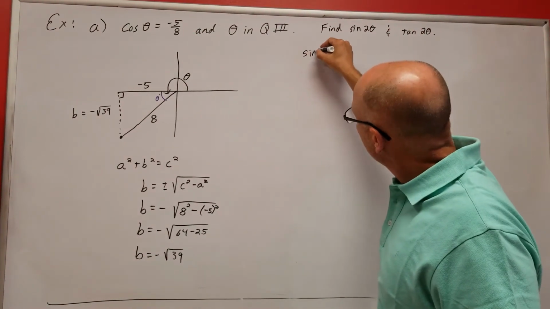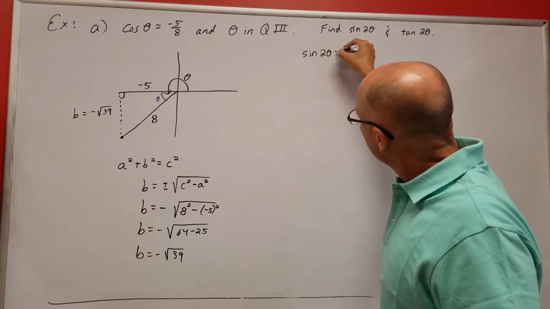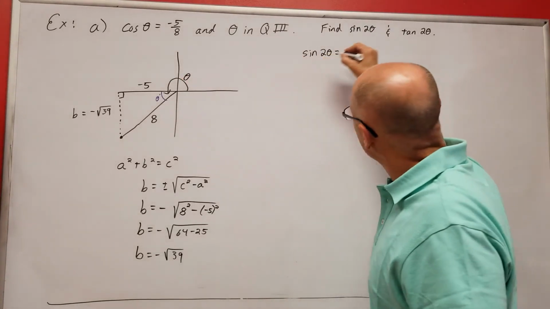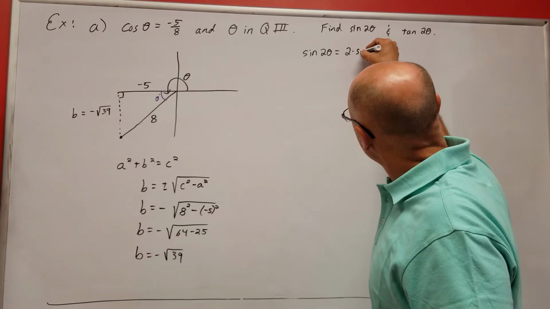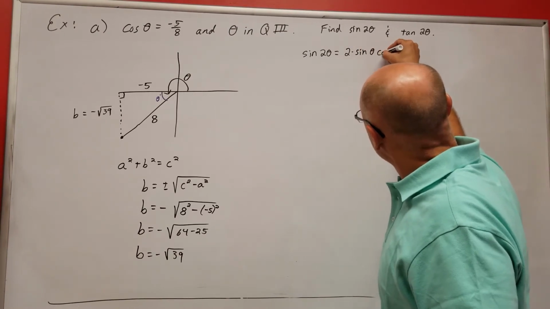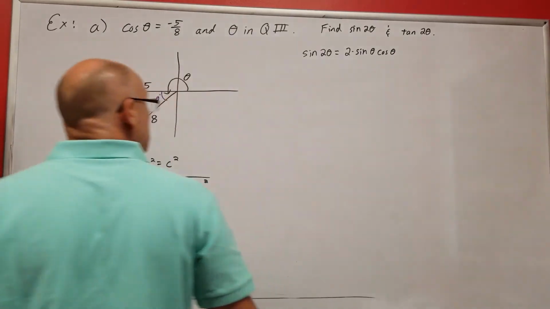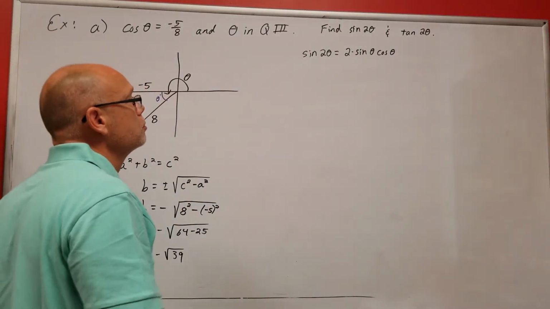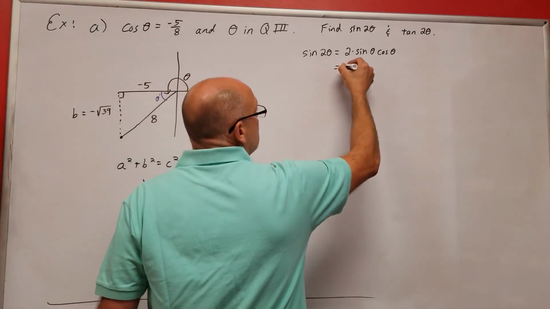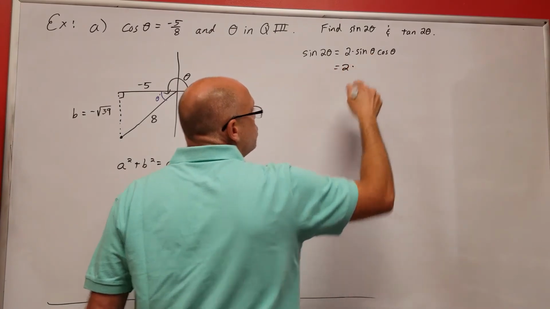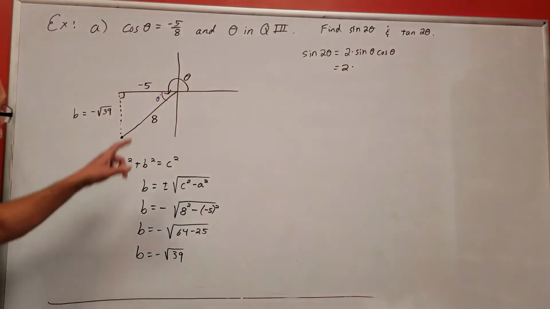My sine of 2 times theta was what? Think about what we had on the board over here: 2 times sine of theta times cosine of theta. That's just the double angle formula. So to calculate that, I'd say 2 times, what is the sine of theta? Look at this triangle.